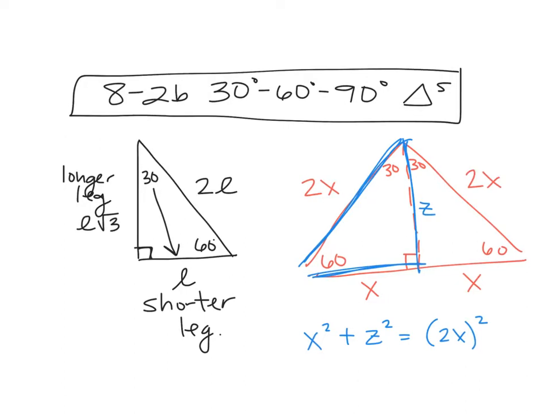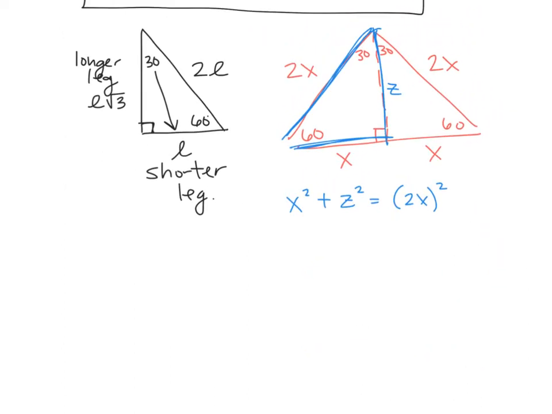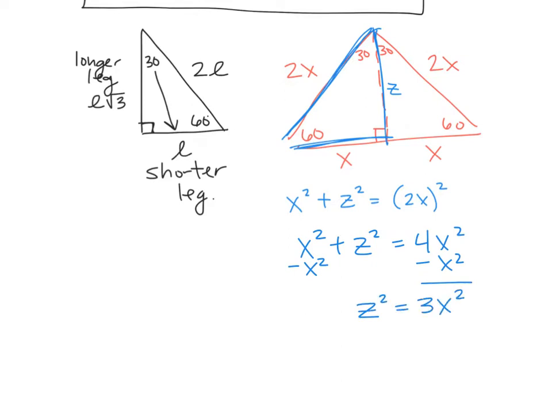Well, if I simplify that, I get x squared plus z squared equals 4x squared. And then if I take away that x squared from both sides, I'm left with z squared equals 3x squared. So if I want to know z, the height of that triangle, I square root both. Well, this becomes z.